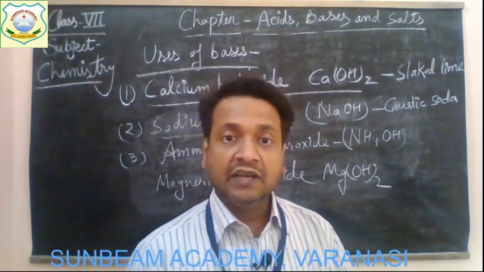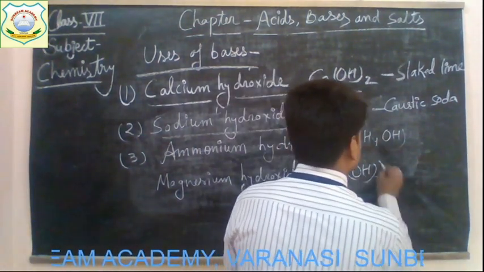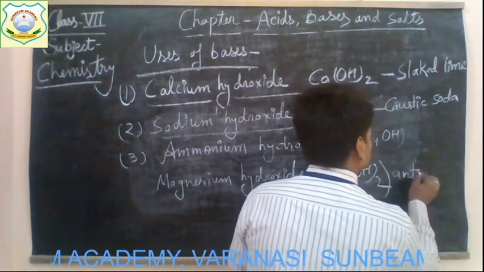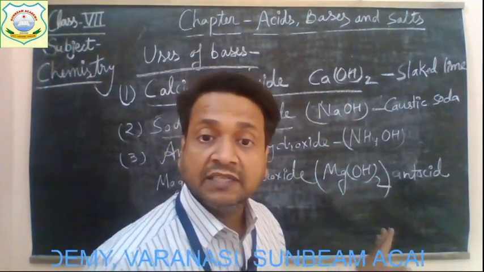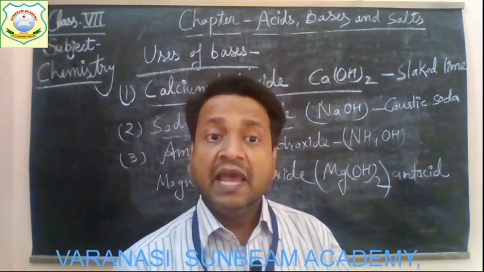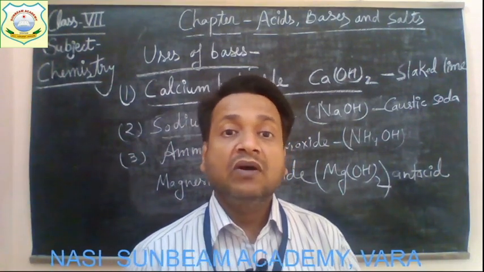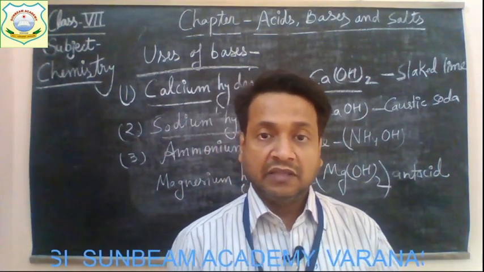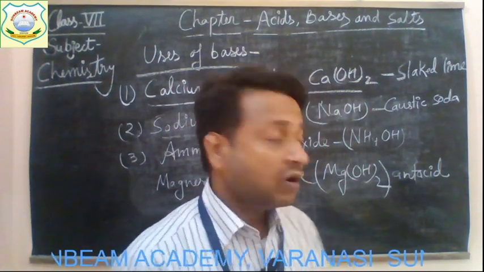It is used as an antacid, and this helps to neutralize the effect of acid in our stomach. And it is sold in the market as milk of magnesia. The name by which it is sold in the market is milk of magnesia.